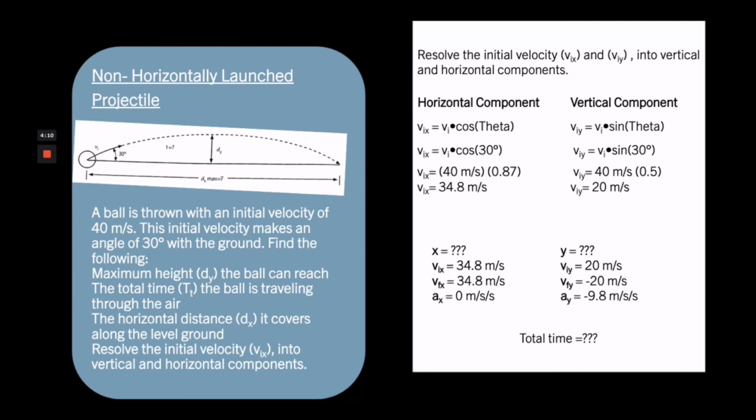Now, again, before we solve any problem, it's very important for us to imagine what's going on in that problem. So, imagine that this is our ball, and this is the angle of release, that's 30 degrees. Now, we need to identify which is dy, or the displacement y, and the displacement x here.